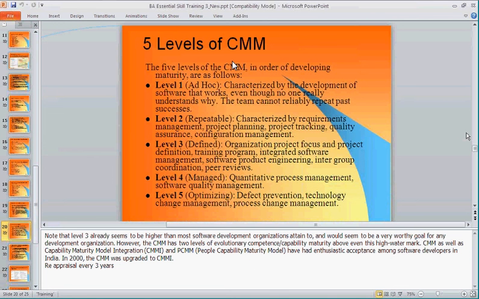So the 5 levels of CMM are level 1 through level 5. If in the evaluation you get a level 1, it means that you are at an ad hoc stage. What that means is that true, you are doing software development, right?